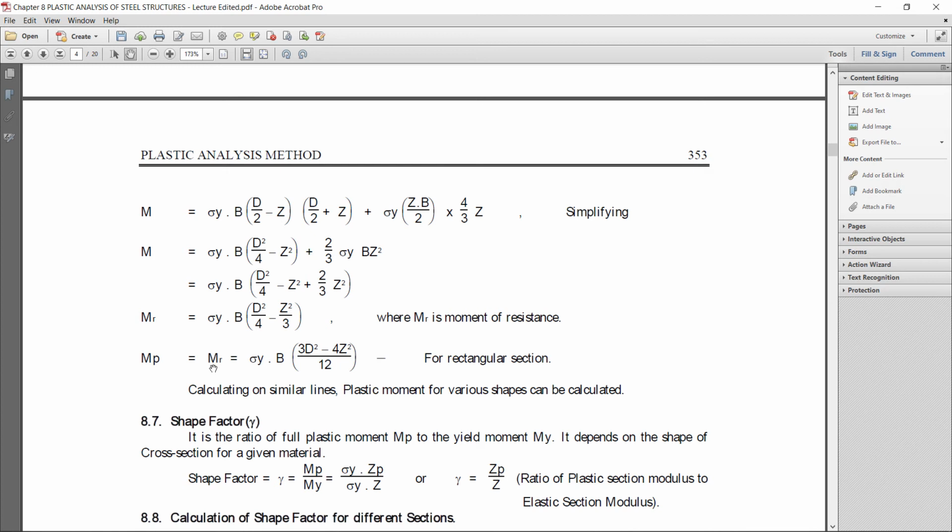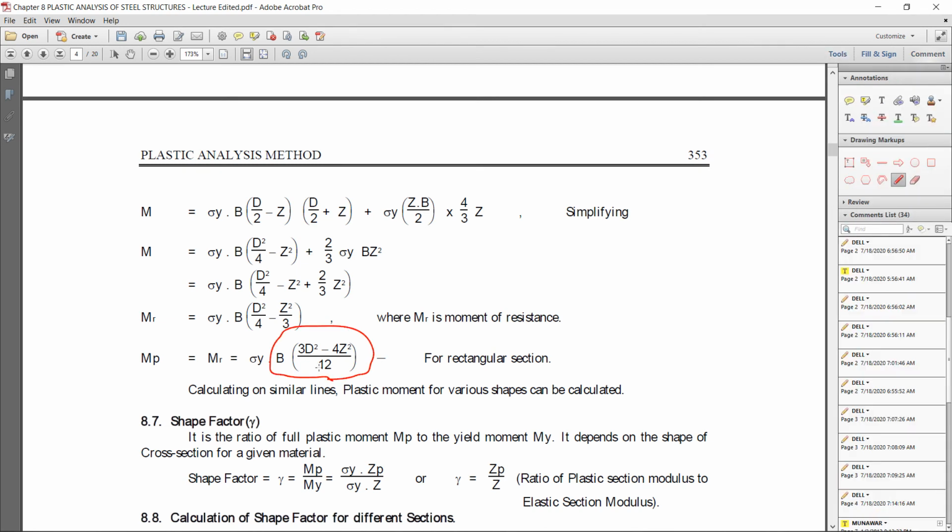That is the value. Okay, Mp is equal to Mr. Sigma y means when it reaches the elastic plastic section. Now in the elastic plastic section, this portion is called the elastoplastic section modulus, the modulus of the elastoplastic case.